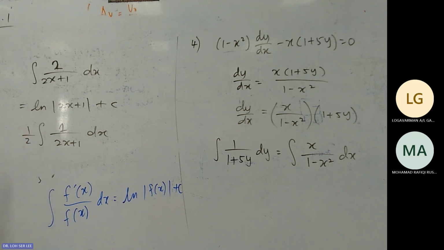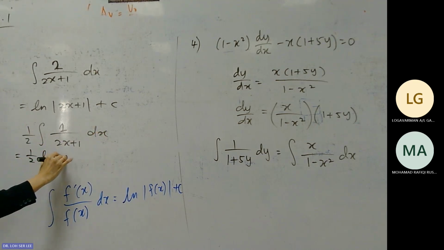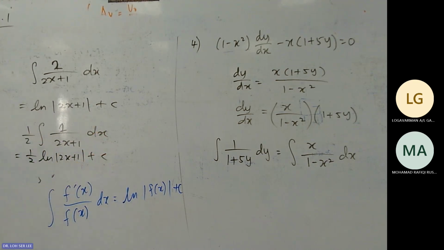When you multiply a constant inside, you divide that constant outside. Now we have the 2 that we want. When you differentiate this, you get a 2. So the answer will be 1 over 2 times ln of 2x plus 1.